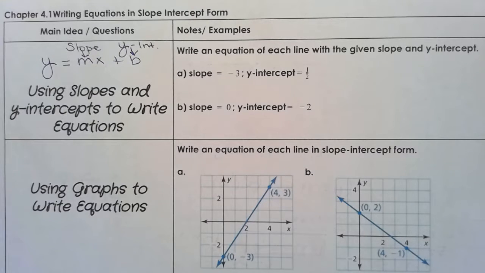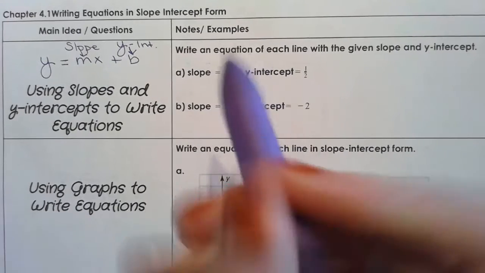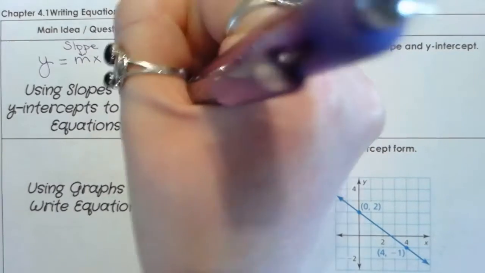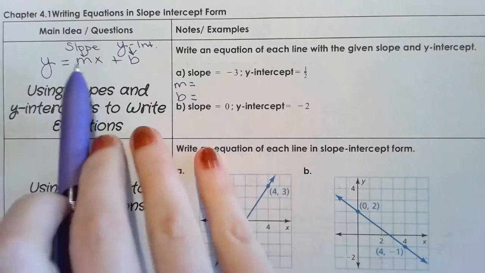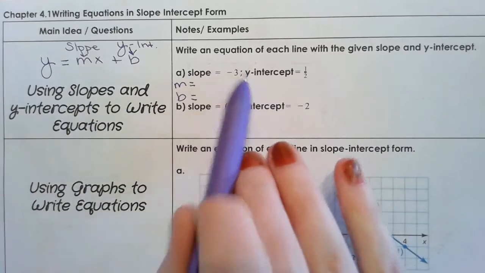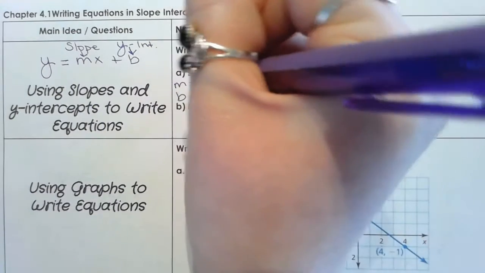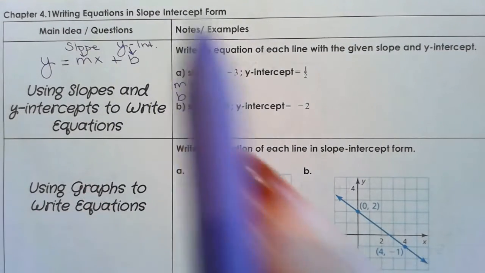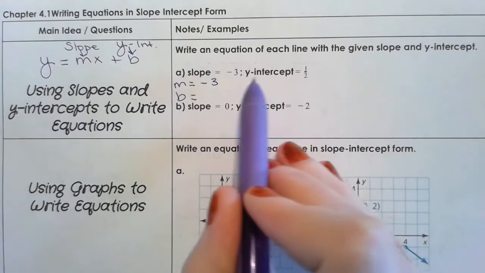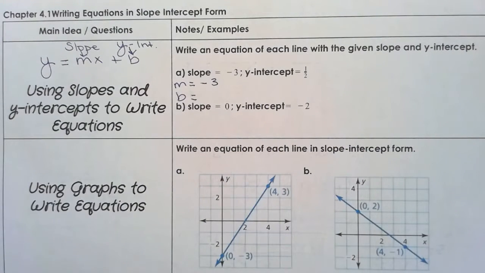All right, so now if we're given a slope and a y-intercept, then we can just plug these values into our formula, y equals mx plus b, and that will give us the equation of the line. So let's identify our m value and our b value. So m here, this is our slope, and so our slope here is -3, so m equals -3. Our b value, this is our y-intercept, and here we have a y-intercept of 1/2.